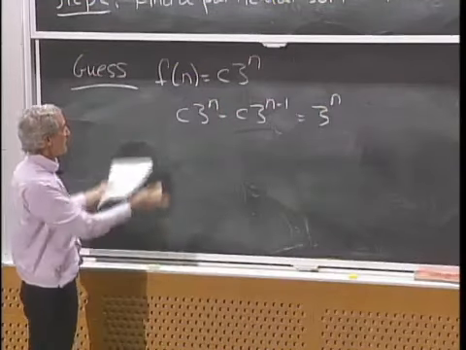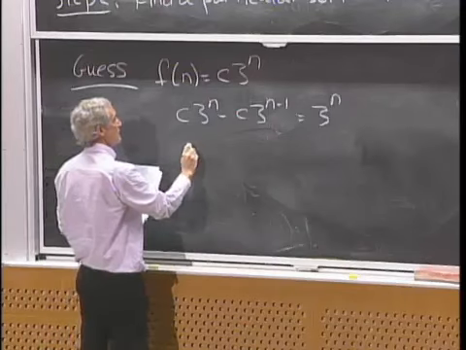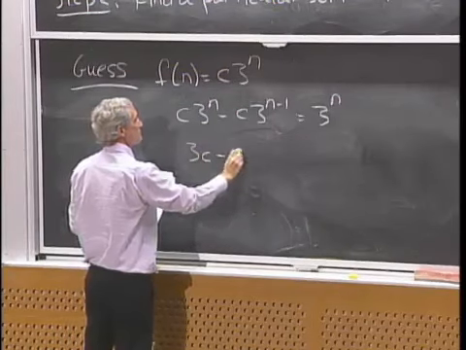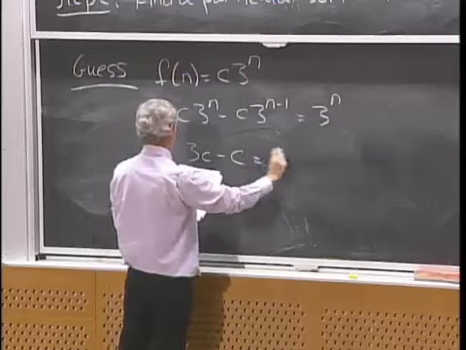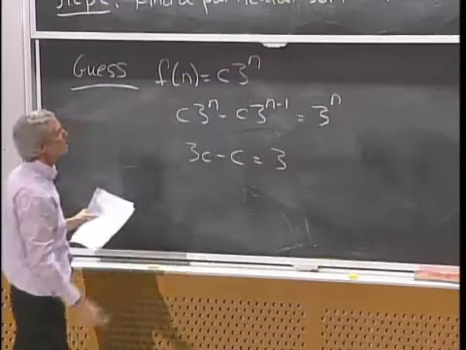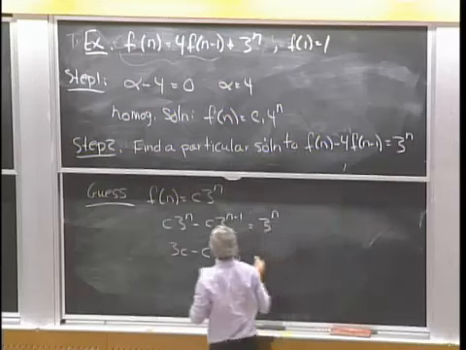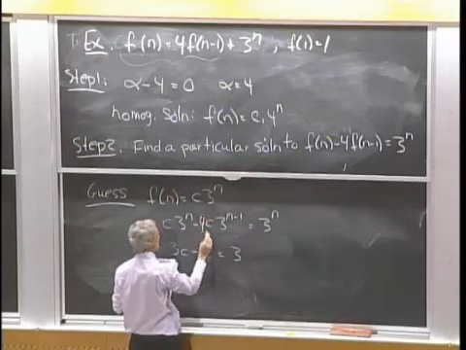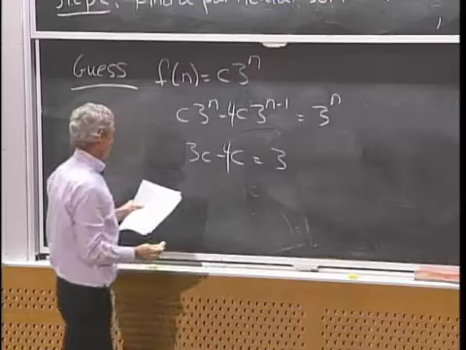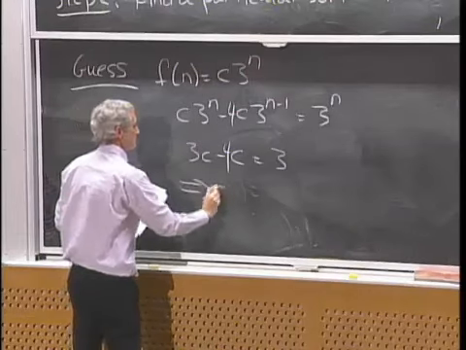All right, so let's divide by 3 to the n here. We get 3c minus c equals 3. Did I do that right? No, I left off my 4 here, right? Left off that, so there's 4 here. And that means that c is minus 3.